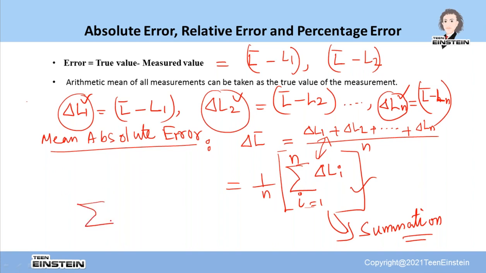This sign is called sigma and is used for many physical entities. Here it is summation. So this is how summation, like average, can be expressed.